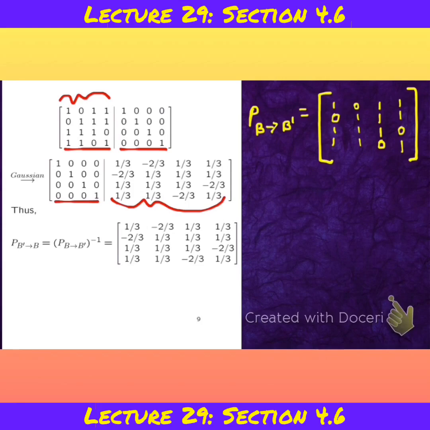So the change of basis matrix from B prime to B is simply the inverse of the change of basis matrix from B to B prime, and it is that matrix there. Okay, so take note that we can jump from one basis to the other with the transition matrices by taking the inverses.